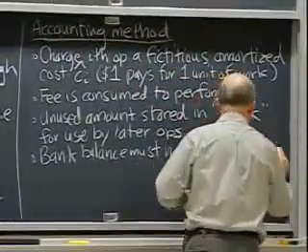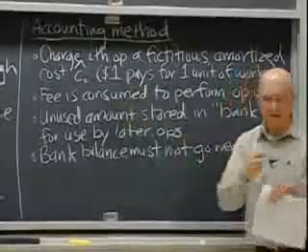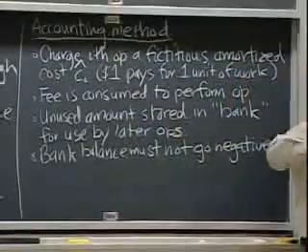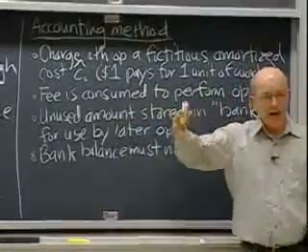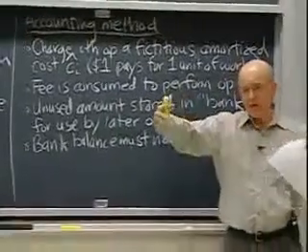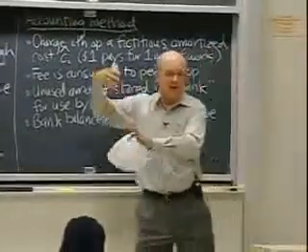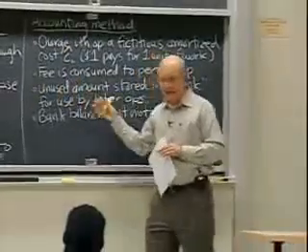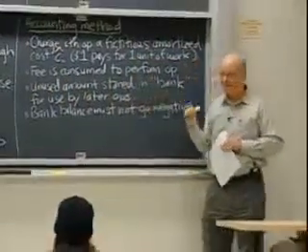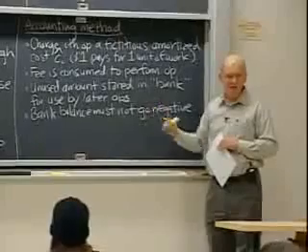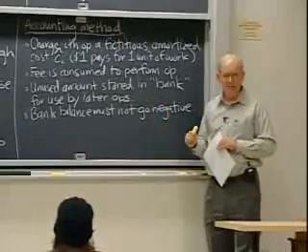In other words, the amortized costs minus the cost of the operations up to that point have to always be enough to pay for all the operations that you're doing. Otherwise, you're borrowing on the future. In amortized analysis, we don't borrow on the future, at least not in the simple ones we're doing here. Okay?